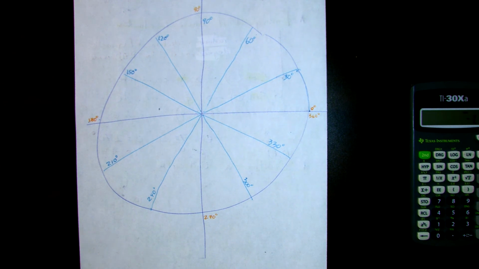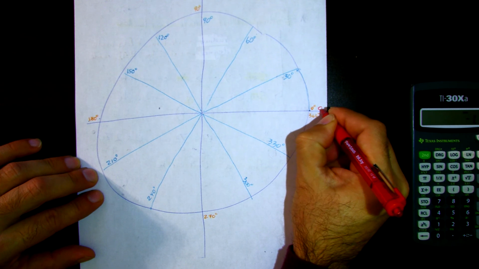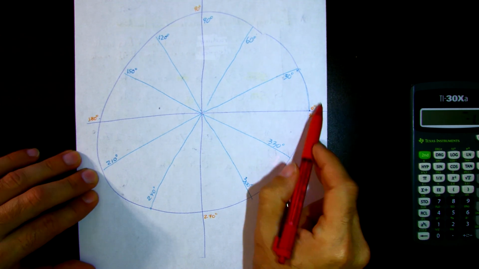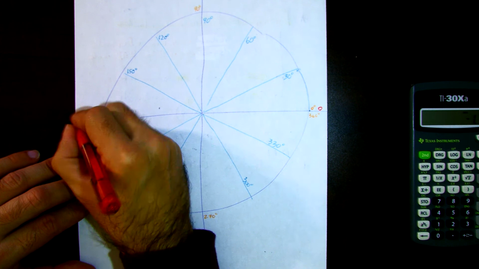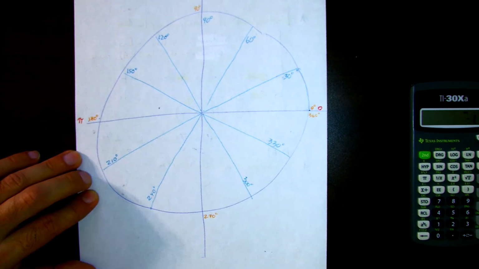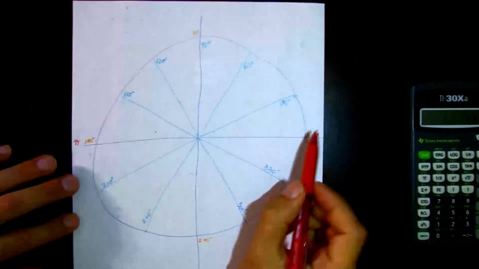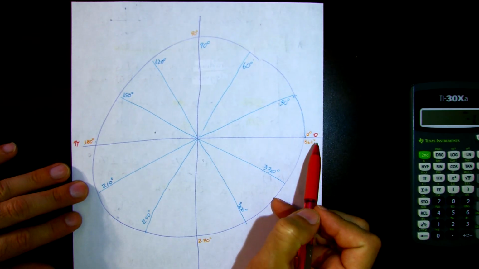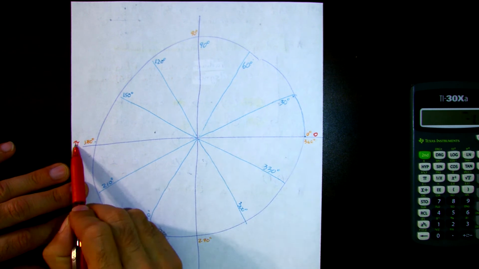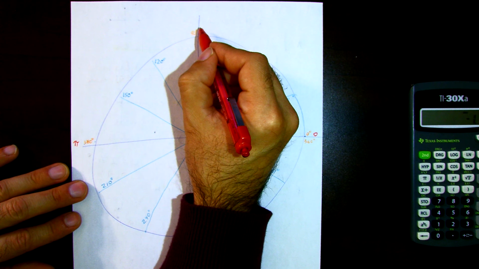We're going to have to think about this, and let's put in what we do know. 0 radians, 0. We go halfway around, and we get to pi. So if this is 0 and this is pi, what's halfway?